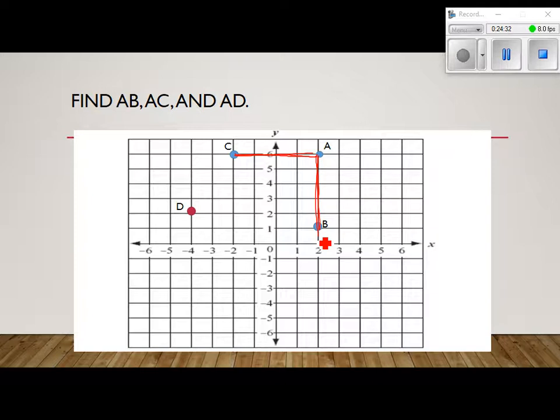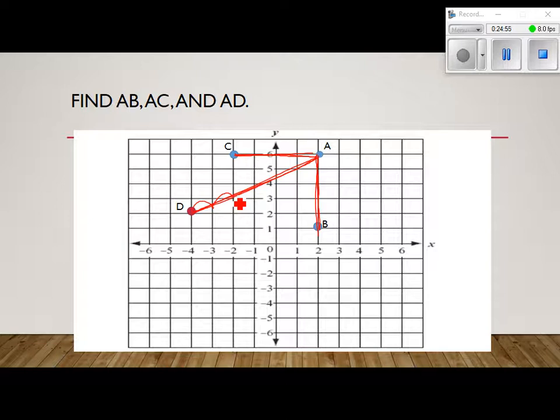Count the squares. If I have this segment, segment DA, can I do that same thing? It doesn't work, does it? It doesn't work to count across, because if I start counting and say that right to there is 1, are those going to be the same as I go across through there? So on diagonal segments, it doesn't work.